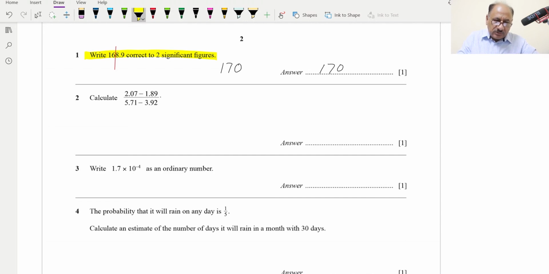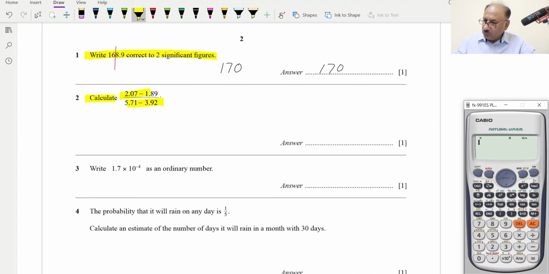Then question number 2, calculate this one. We have to use the calculator for that one, so we can use fraction 2.07 minus 1.89, divided by 5.71 minus 3.92, and this will be equal to 0.10055.